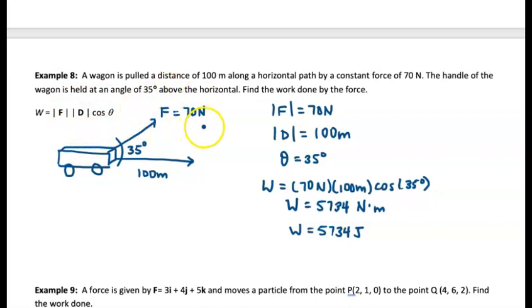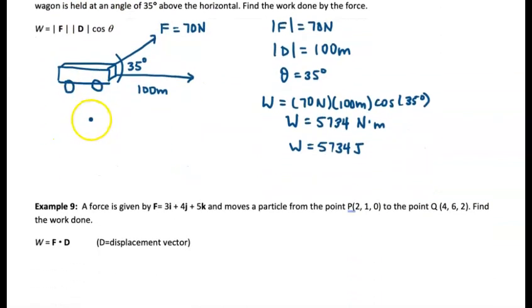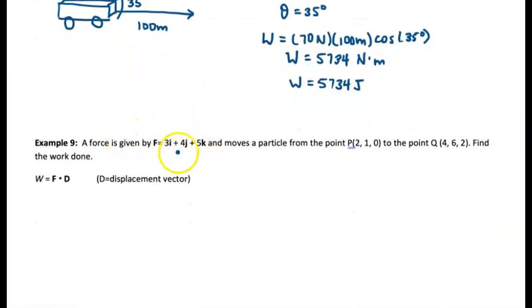We would have had to find the vector, which we could do, but it was easier to use this version of the formula. In this case that we do have a vector that we're given, we don't need to find that vector, so we can just go ahead and use that dot product. So we already have F. So this vector F is equal to, and I'll just rewrite this as, 3, 4, 5.